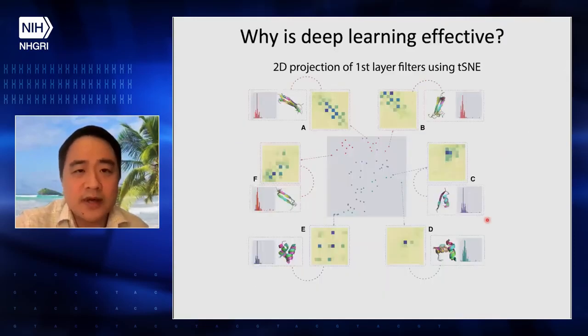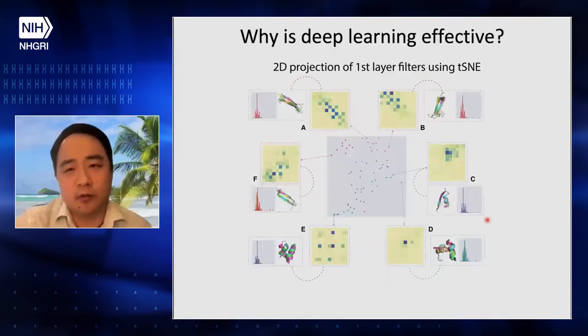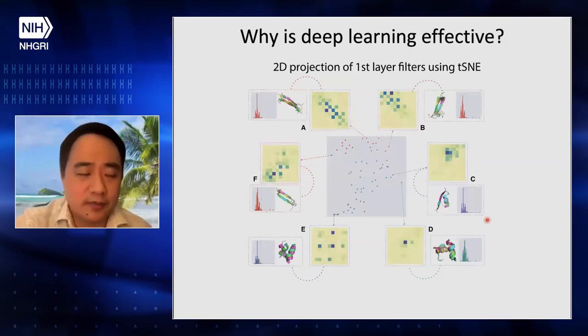Okay, so why does machine learning, deep learning work for this particular problem? We actually performed some visualization. Here we take the first layer filters, visualize them in 2D, and color them according to secondary structure. You can see that parallel or anti-parallel patterns of beta strands show up as diagonal or anti-diagonal patterns.